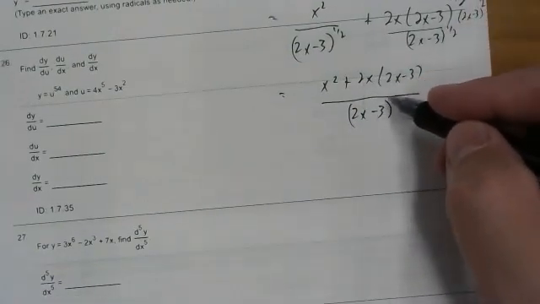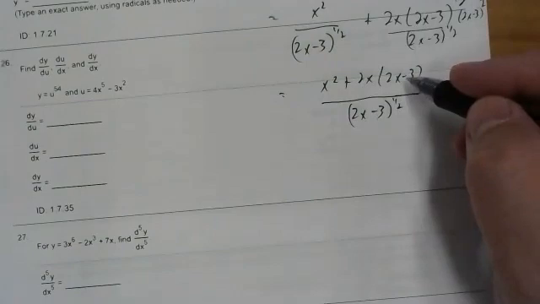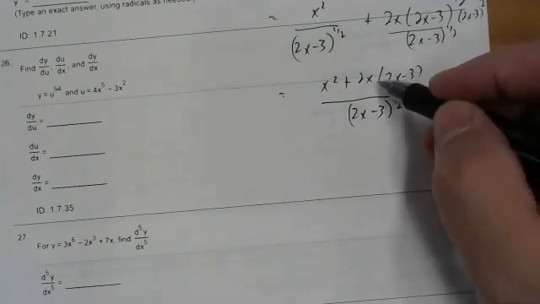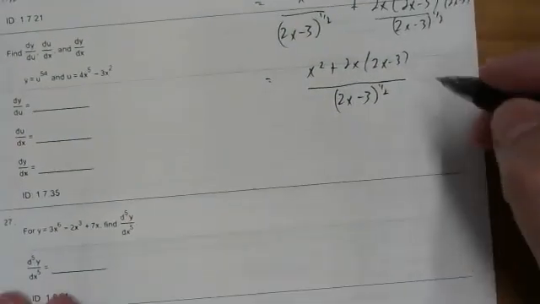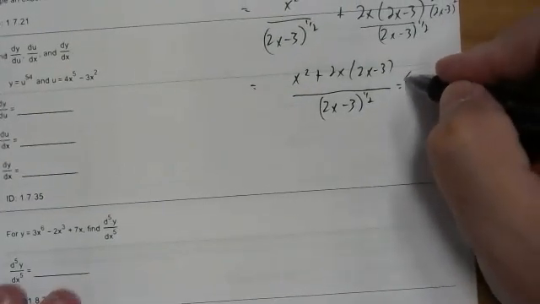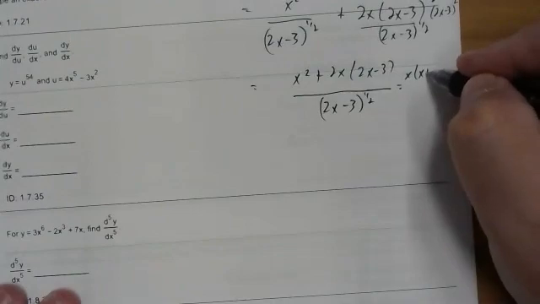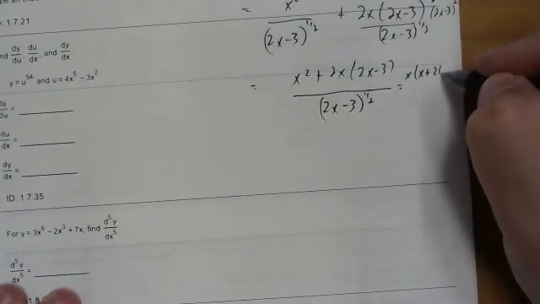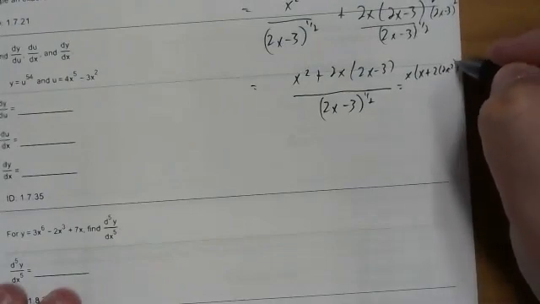Then they probably multiply this out. Or actually, I think what they do is they probably factor out the x. And they have x times x plus 2, 2x minus 3.